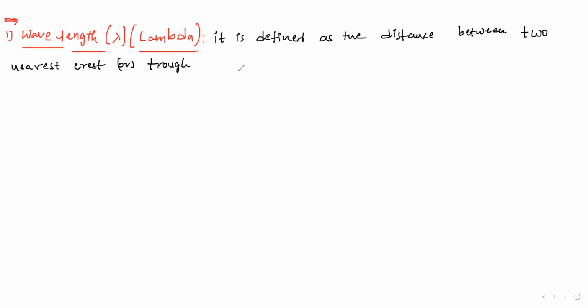Okay, for example, these are waves. So here, this is crest. The distance between two nearest crests is called wavelength, or the distance between two nearest troughs is called wavelength. Okay, lambda.